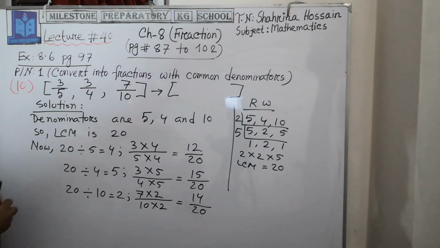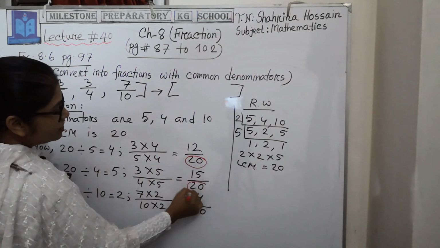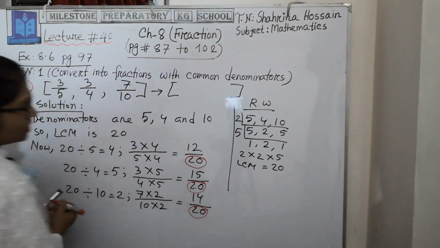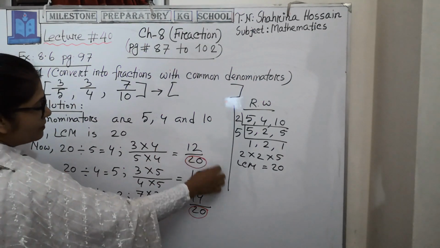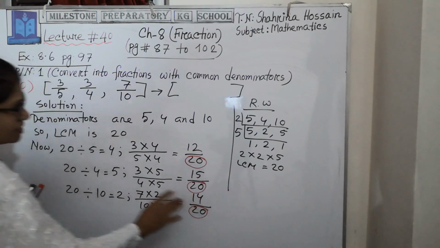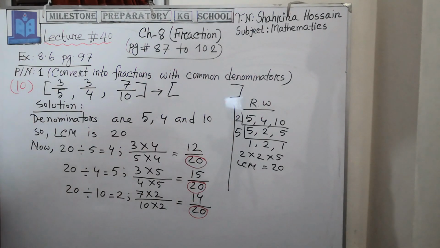Students, if you observe, just see here all denominators are same. Okay, numerators are different, 12, 15, 14, but denominators are common. All are common.